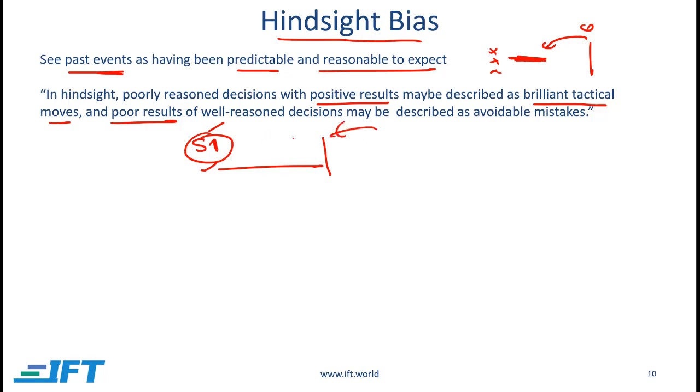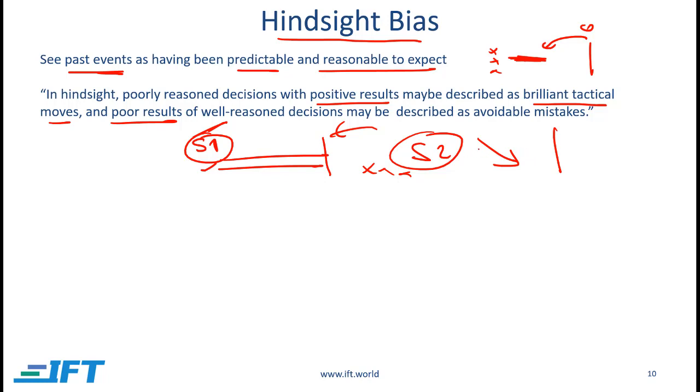So we are looking back, we are just seeing that the results were good and therefore concluding that this was a brilliant decision. Then let's say that there is stock 2 and an analyst did all the right research, he covered all bases and made this investment, but for some reason this investment performed poorly. Then in hindsight, somebody might say that this was an avoidable mistake.